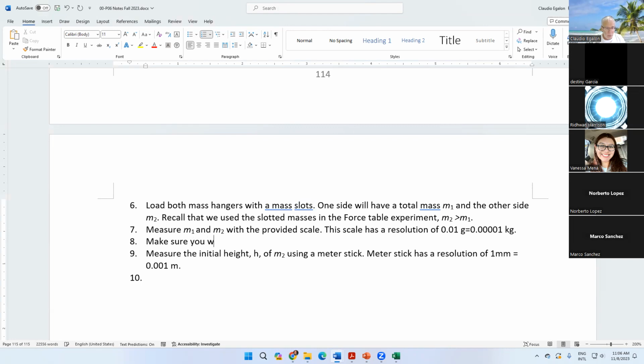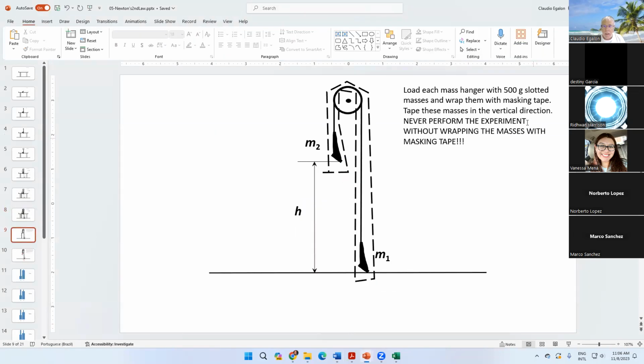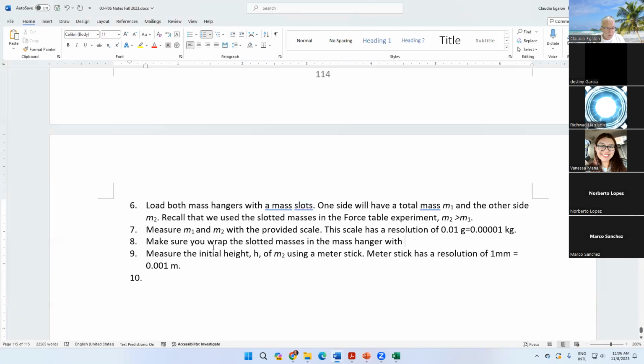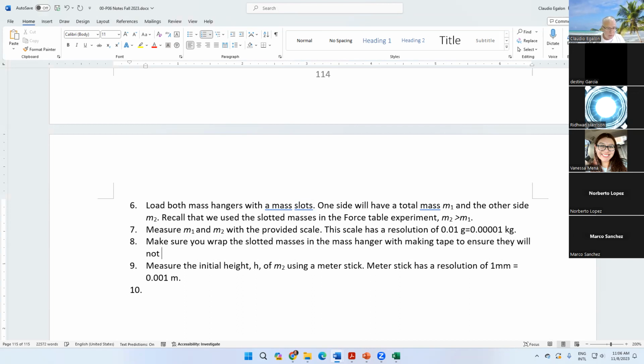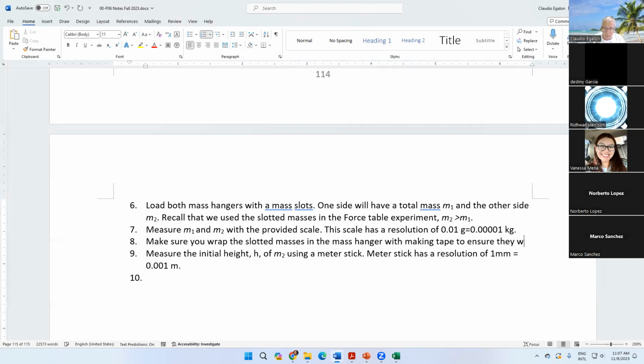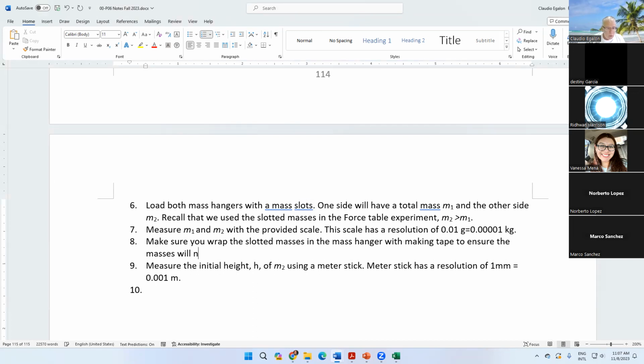Make sure you wrap the slotted masses in the mass hanger with masking tape, to ensure the masses will not fly away when they impact the floor.